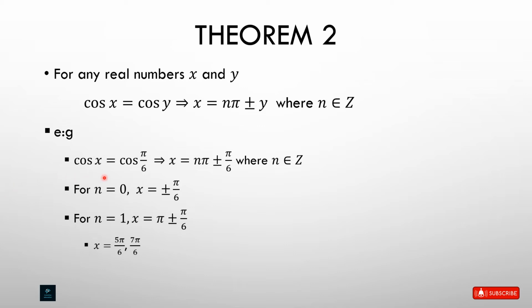If cos of x is equal to cos of pi by 6, this means that x is equal to n pi plus minus pi by 6 from this theorem, where n is any integer. For n is equal to 0, x is equal to plus minus pi by 6, and for n is equal to 1, x is equal to pi plus minus pi by 6. Therefore, the principal solution of this equation is x is equal to 5 pi by 6 or 7 pi by 6.